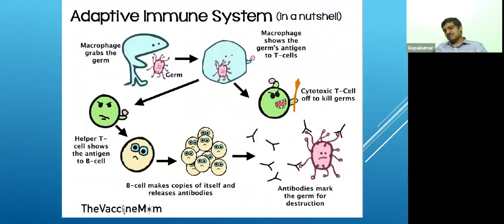So the B cell has a memory, and whenever a new antigen is shown to it, it will remember it and make thousands or even millions of copies of B cells to work against this particular antigen, and it creates antibodies. I think you might have heard of the terminology antibodies. These antibodies will go and mark the germ for destruction, and other cells will come and destroy it.